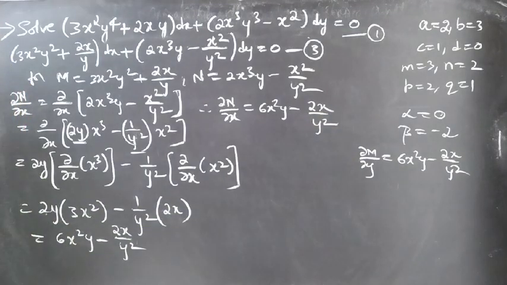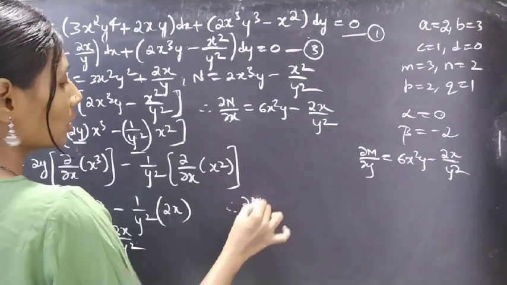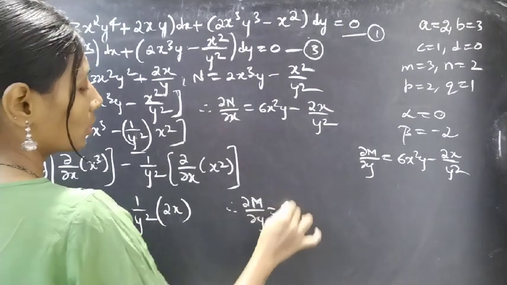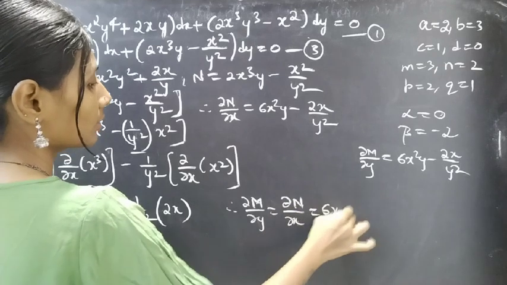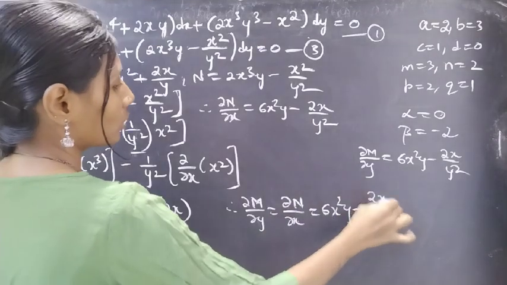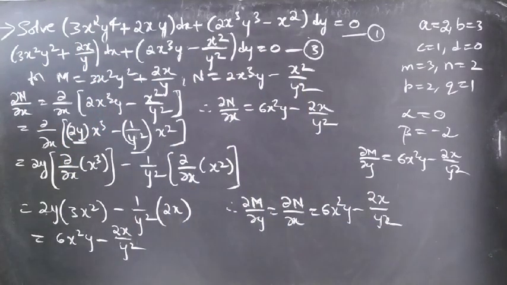Now by observing these two, we can say that partial derivative of M with respect to y equals partial derivative of N with respect to x, equal to 6x square y minus 2x by y square, which shows that equation 3 is an exact equation.